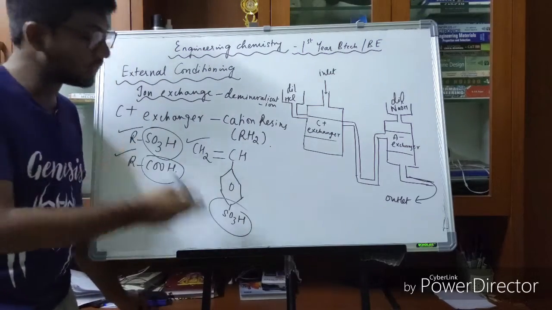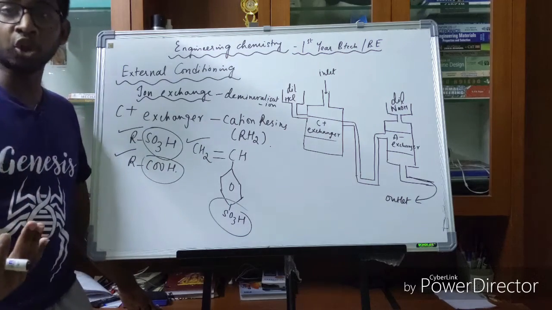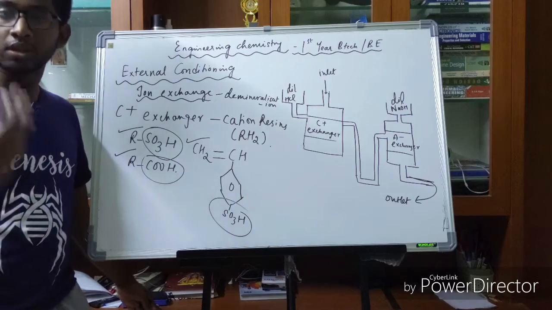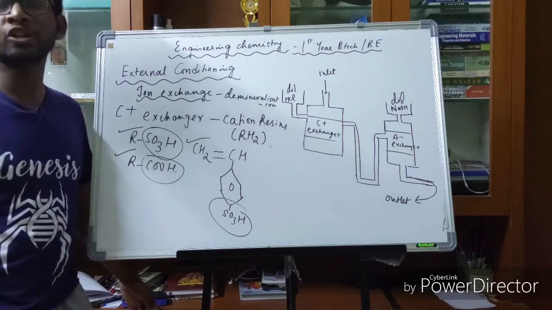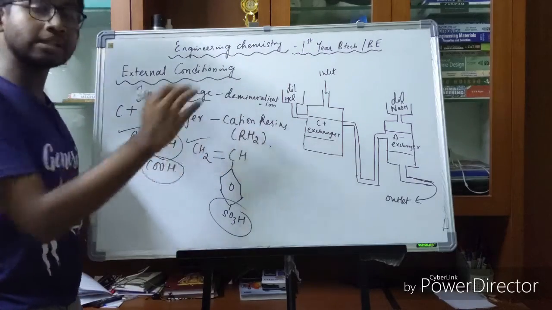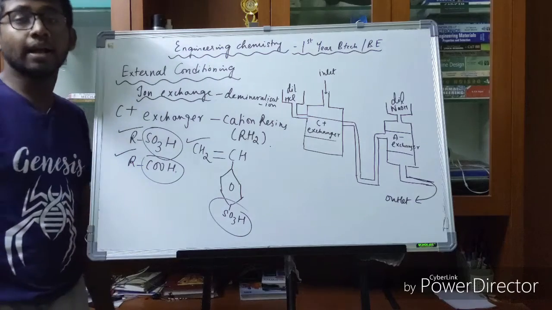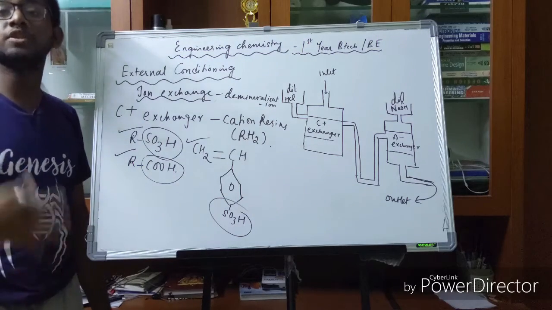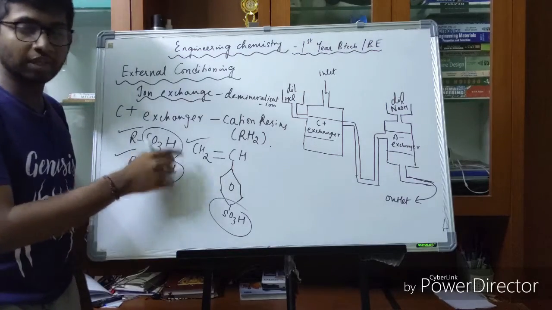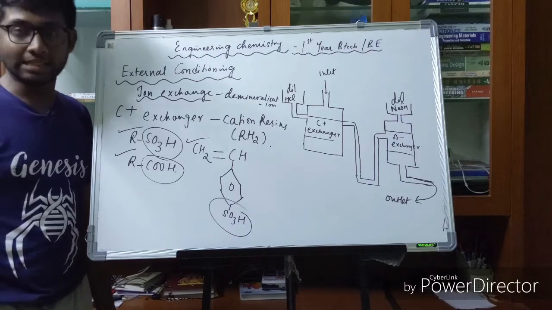It is these functional groups which have the capability to exchange their H plus ions with the cation, which is the cause of hardness of any cation for that matter. So now a cation exchanger will have cation resins. Cation resins are represented by RH2, and the functional groups are the ones which play an important role in exchange of the cations, and it can be SO3H or COOH. These are certain examples of the resins.